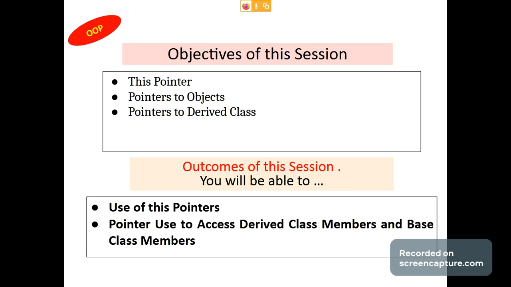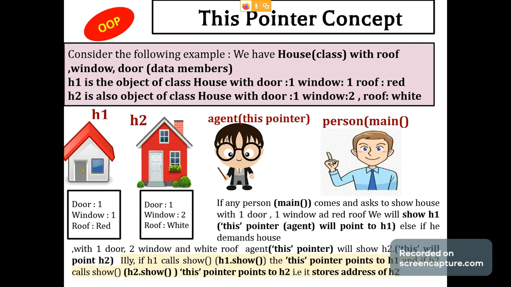You will be able to learn the use of this pointer, and how to use pointers to access derived class members. Now consider a scenario where you have a house as a class with certain data members like roof, window and door. Each house has them, so we consider them as data members.